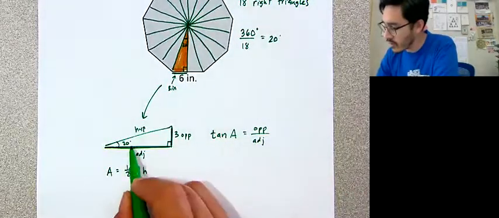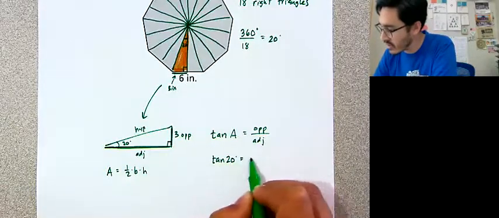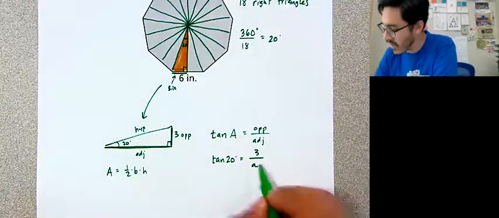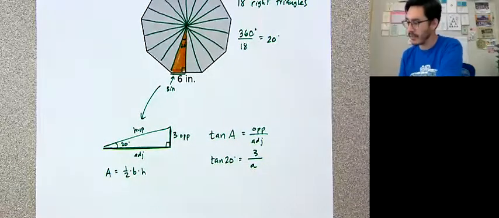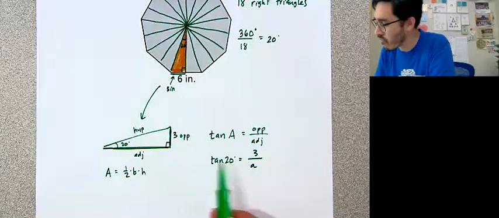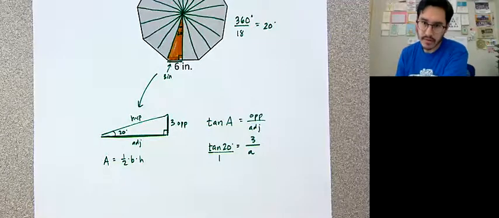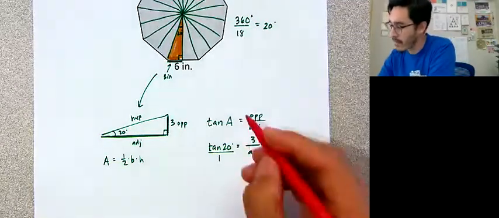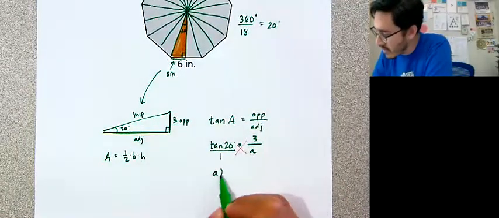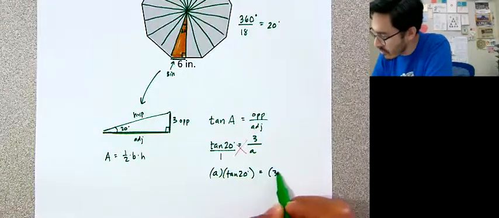All right, so 20 degrees is our reference angle. So we'll write tangent 20 degrees. The opposite side is 3. The adjacent side, well, let me just call it A for now. Let's see here. Well, to solve this, I'm just going to make both sides fractions or ratios and then cross multiply. So I'm going to have A times the tangent of 20 degrees equals 3 times 1.